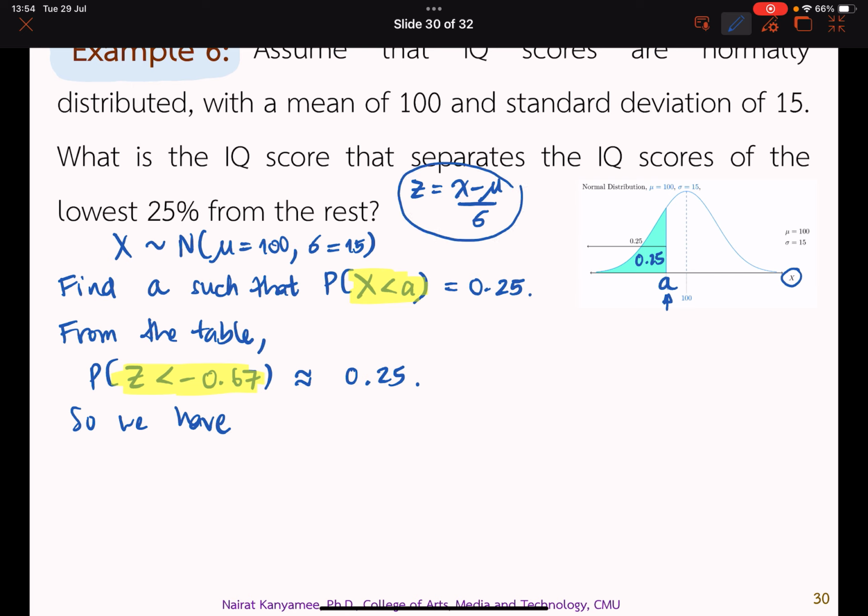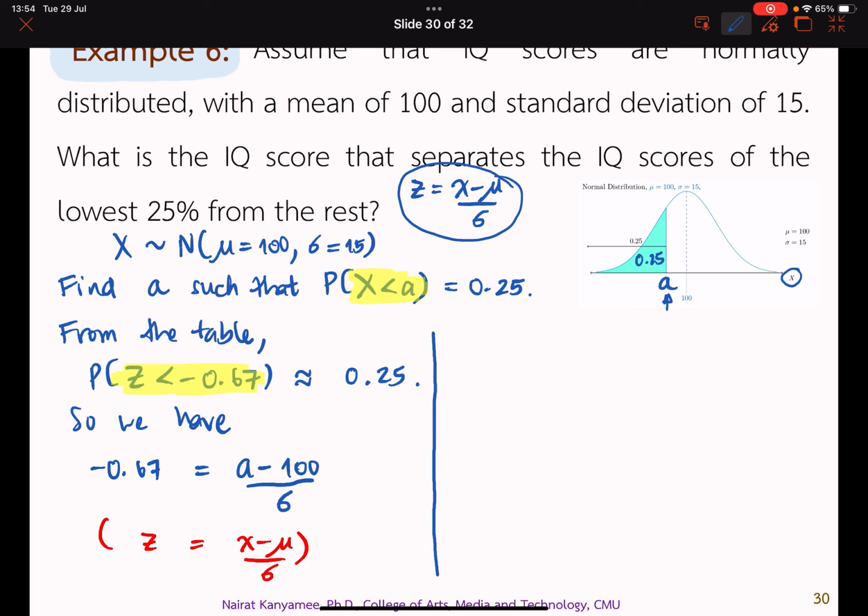We use this value, z equals x minus mu over sigma. So we know that 0.67 must be equal to a minus 100 over sigma. Here I'm using the formula z equals x minus mu over sigma to compare the value. So you compare these two values and work out the value for a.